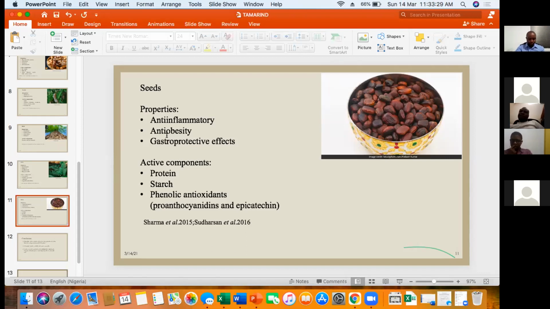Sharma et al. or the other person I referenced carried out the anti-inflammatory study on the seeds. Either one of them did the anti-obesity, and one did the anti-inflammatory. I don't know how in-depth they went, if it covered the molecular level, but it is found to have these properties.